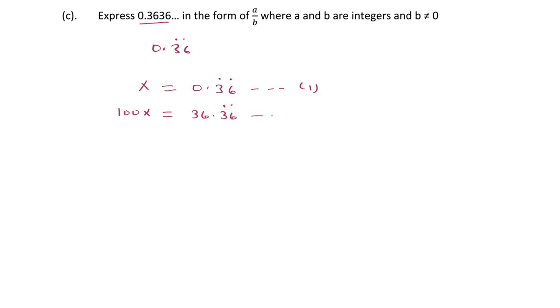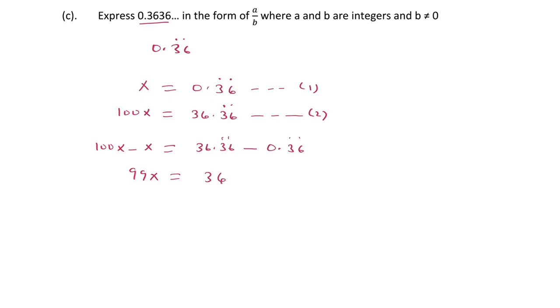And then we are going to call this equation number 2. Okay, so now let us take equation number 2 and then minus equation number 1. Then our expression is going to be 100x minus x equals 36.36 minus 0.36, of which this becomes 99x equals 36.